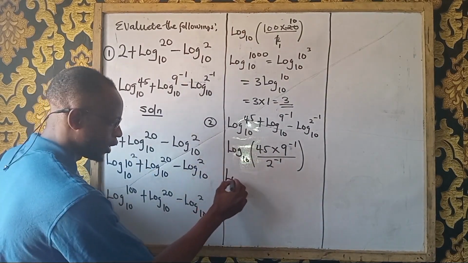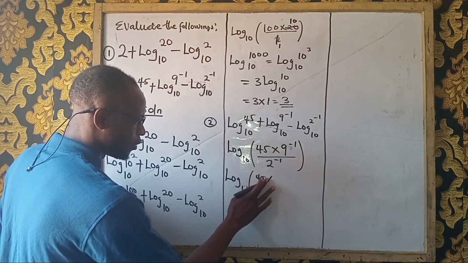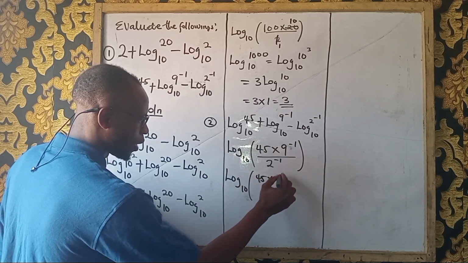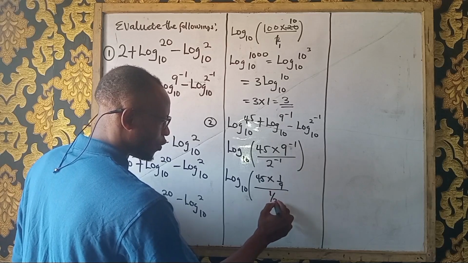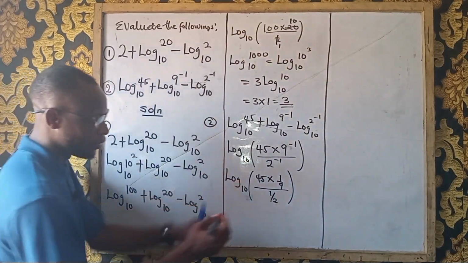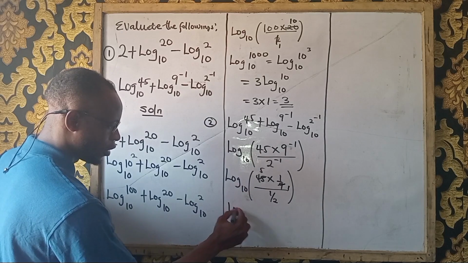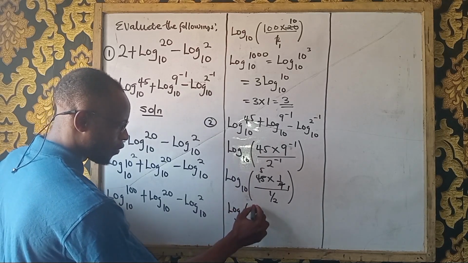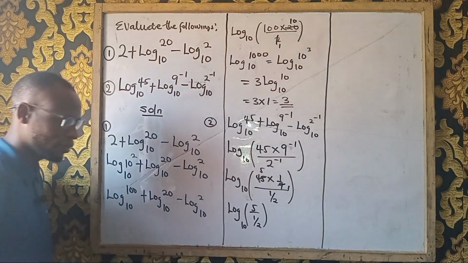And this is the same thing as saying log in base 10, 45 multiplied by 1 over 9, because this means 1 over 9. Then all over 1 over 2. Are you with me? So let's divide. 9 here 1, 9 here 5. So we are going to have log 5 divided by 1 over 2. Don't forget they are in base 10.